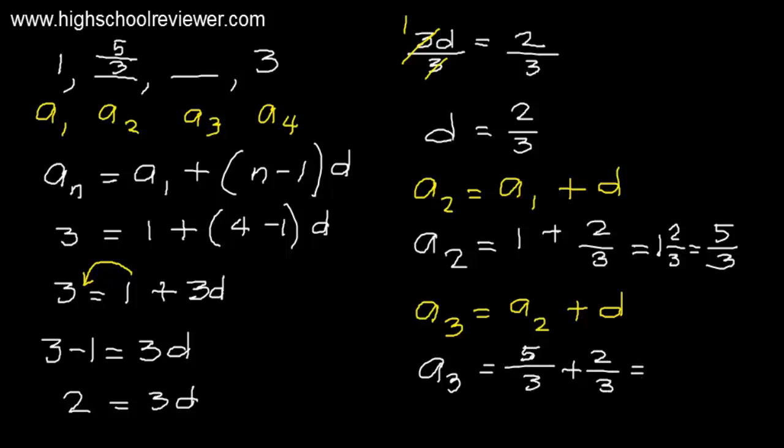So this will just be 5 plus 2, that is 7, and our denominator is 3. So our a sub 3 is 7 over 3. So our arithmetic means, or the missing terms, are 5 over 3 and 7 over 3. And these are our final answers.